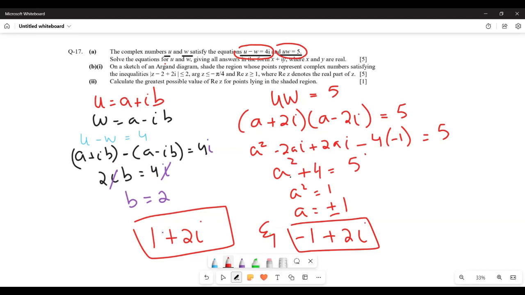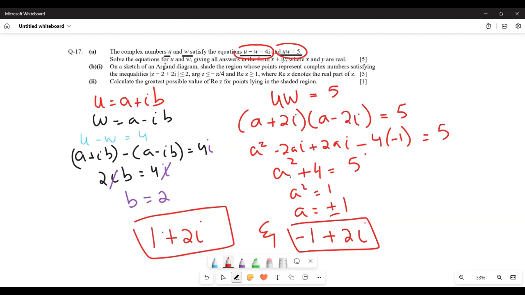So there are two values of a, 1 and minus 1, but there's one fixed value of b, which is 2. So any one of these could be u and any one of these could be w, because they were supposed to be conjugate pairs, which they are. You can call either one w or u, it does not matter.